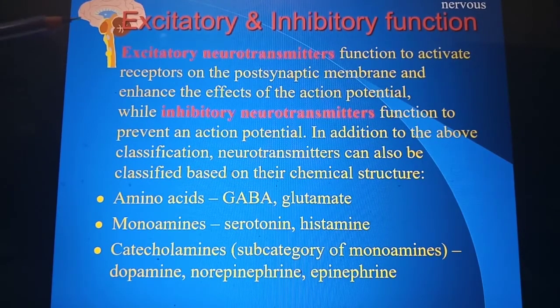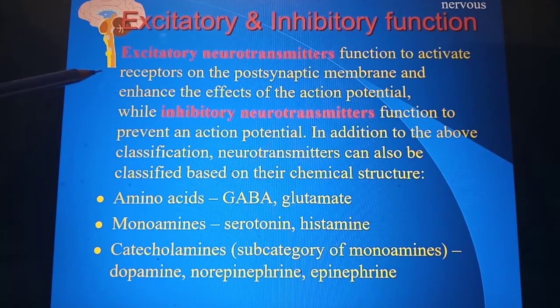So let us see what is the excitatory and inhibitory function of the neurotransmitters. We have already seen the neurotransmitters. What are the neurotransmitters? They are chemical substances which send information from one nerve to another nerve. So if these neurotransmitters send information actively, they have an excitatory function.